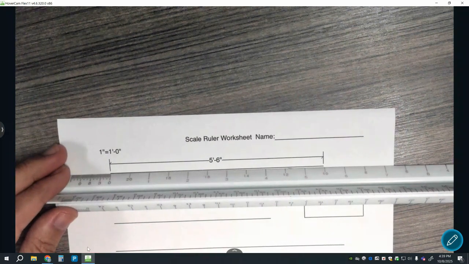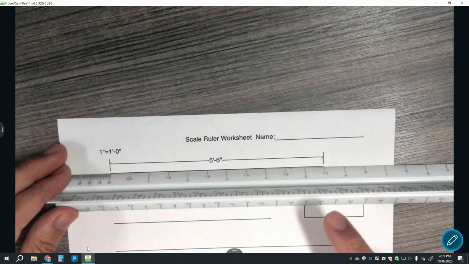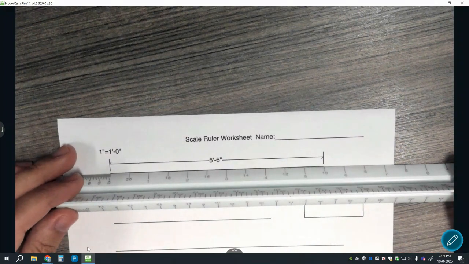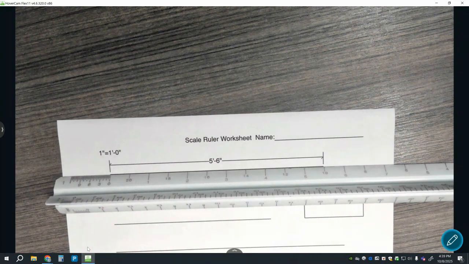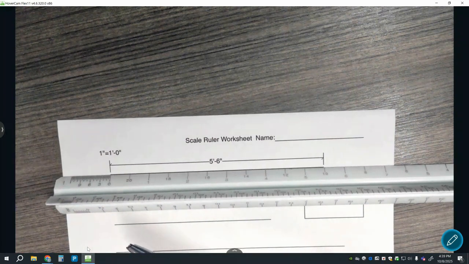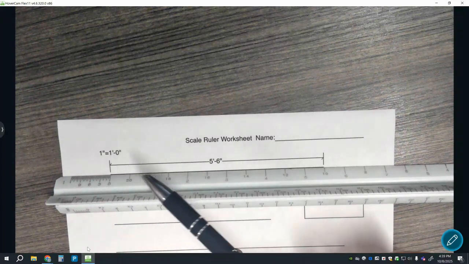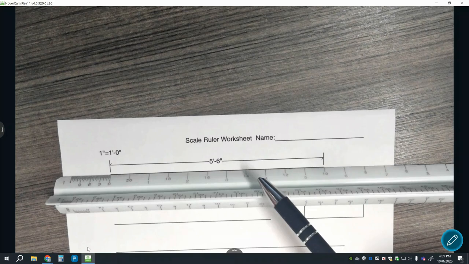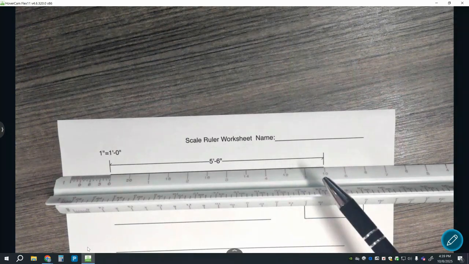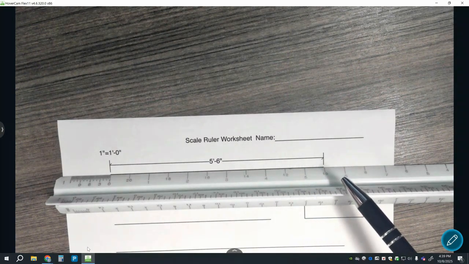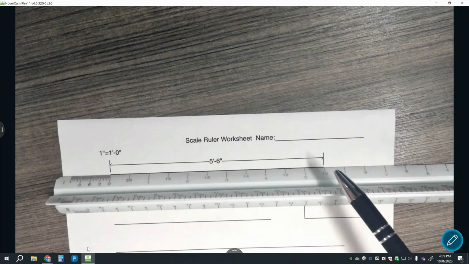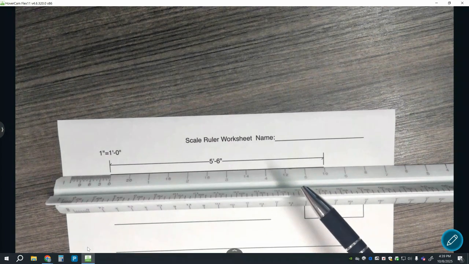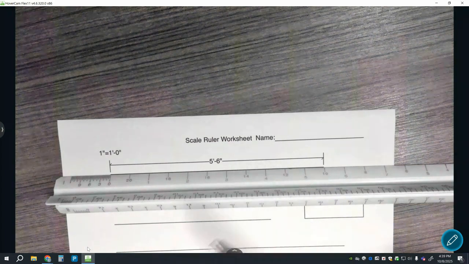So we're going to start from 0. Again, the answer is not 10. We can't just look at that number. We have to count. So notice how if we count, that's 0, 1, 2, 3, 4, 5. And it does not reach the 6. This line is not long enough to reach the 6-foot mark. So this line is 5 feet and a couple of inches.